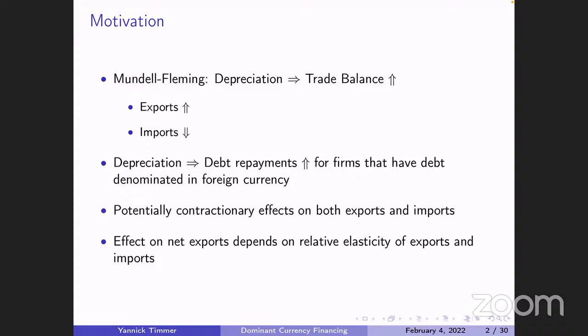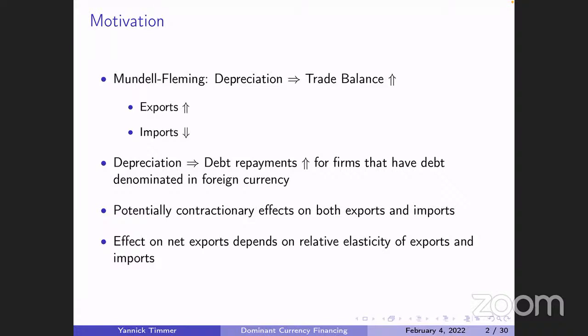On the other hand, when a country is depreciating, the price of imports is increasing and import quantities are falling. Therefore, the increase in exports and the decline in imports leads to an increase in the trade balance through a relative price channel.